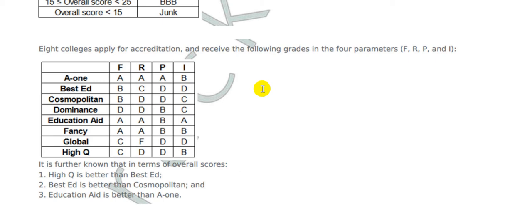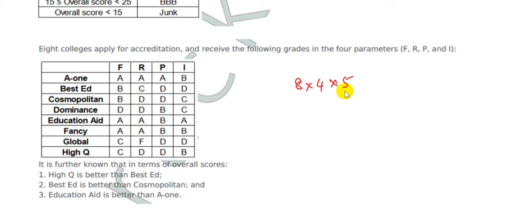Now first things first. So how many variables are there in this case? We have 8 colleges and then they are rated on 4 parameters, and each parameter has 5 variables, and then on top of that I have to figure out the weightage also.